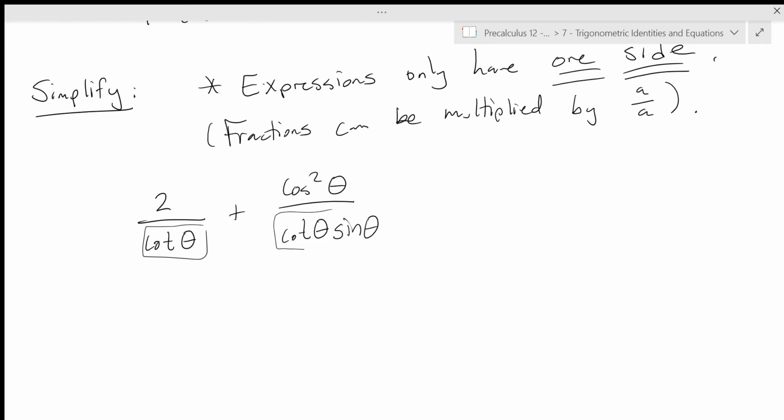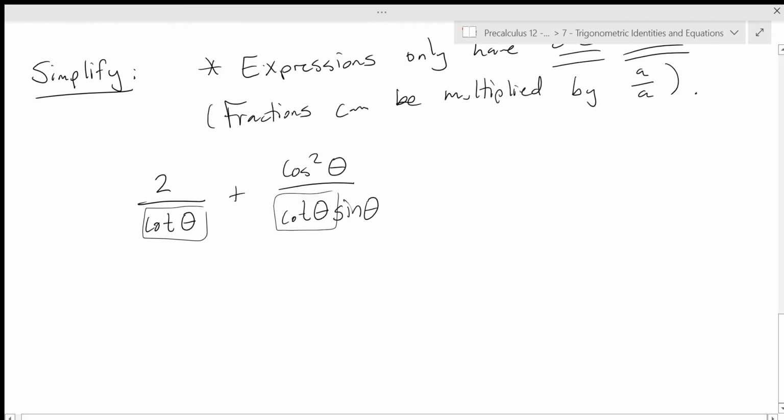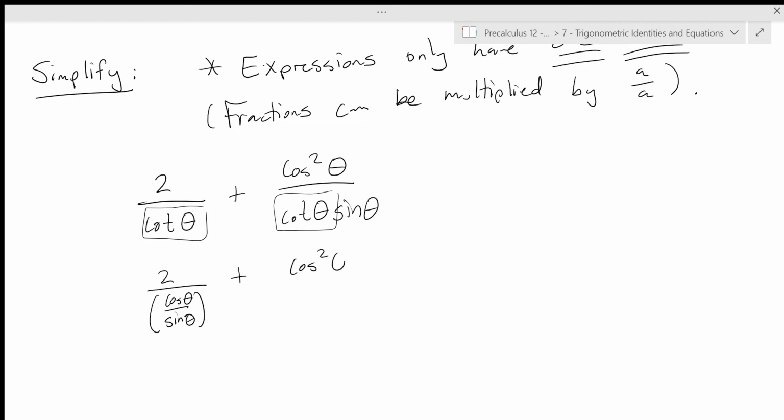I know an identity for it. I could do 1 over tan theta, but I don't see any other tan thetas. I do see a sine theta. So I'm going to rewrite cotan theta. This is going to be 2 over cosine theta over sine theta plus cosine squared theta over cosine theta over sine theta.